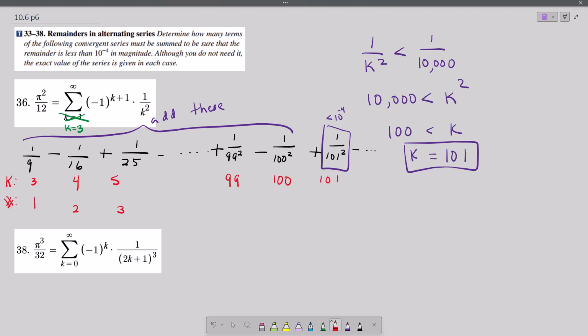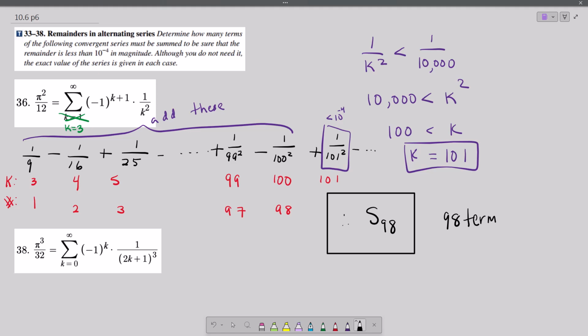We subtracted 2 to get to the term count. So we subtract 2, this is the 97th term, and this is going to be the 98th term. So we're going to add up the first 98 terms. Our answer is S sub 98. This means 98 terms that we added together, and that's what S sub 98 means.